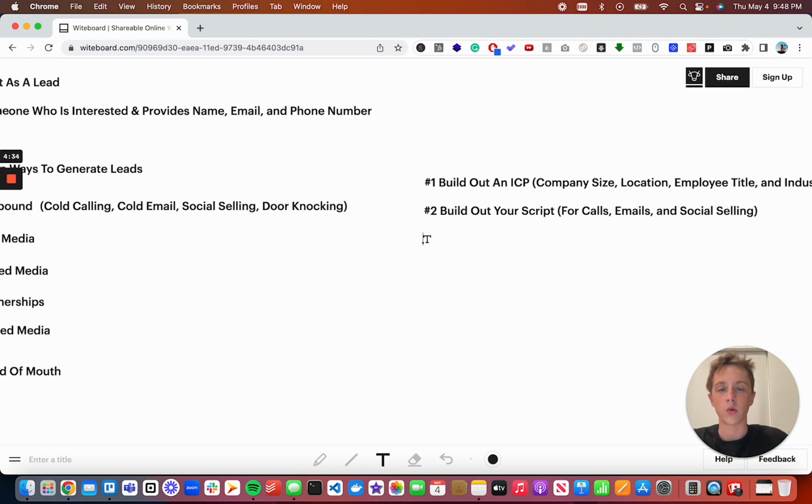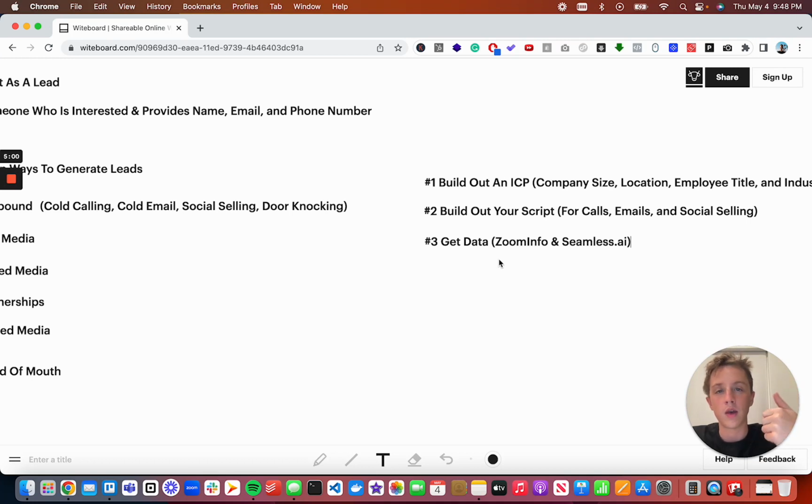And the third thing you're going to want to do is get data. There are many different data platforms, probably 20 plus out there. The big ones I'm seeing, which I don't have any ties to, but a lot of people are using them, are ZoomInfo and Seamless.ai. What these give you is you could really filter by your ICP for employees.